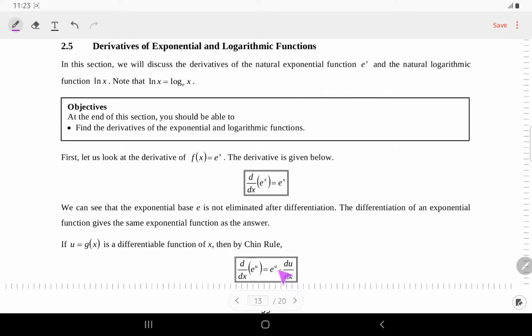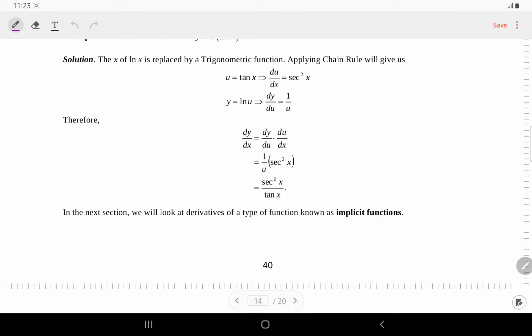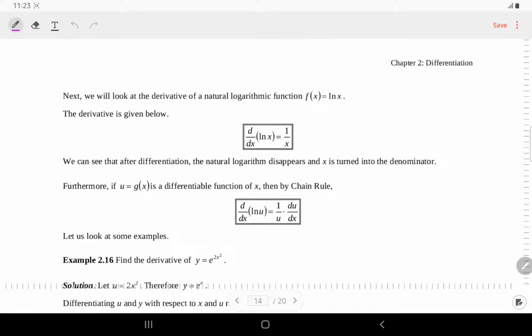It means that we have to multiply with the differentiation of the exponent's power. I repeat, to differentiate exponent power of u, you write the same term, exponent power of u, and then multiply with the differentiation of u. Okay, let's take a look at some example here.